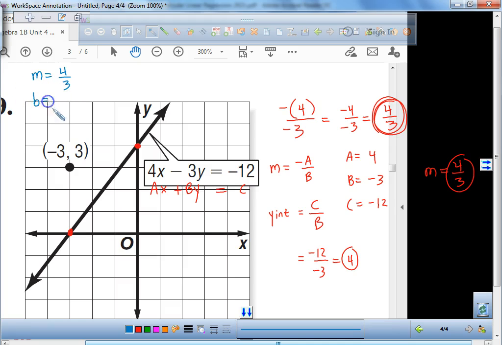What's the y-intercept? We'll find out. So from here, what could I do? I could go up 1, 2, 3. Ran out of room. 4. I'm going to put a little point right here. And go over 1, 2, 3. So can you guys use your imagination and see, like, you can go up like one more level?